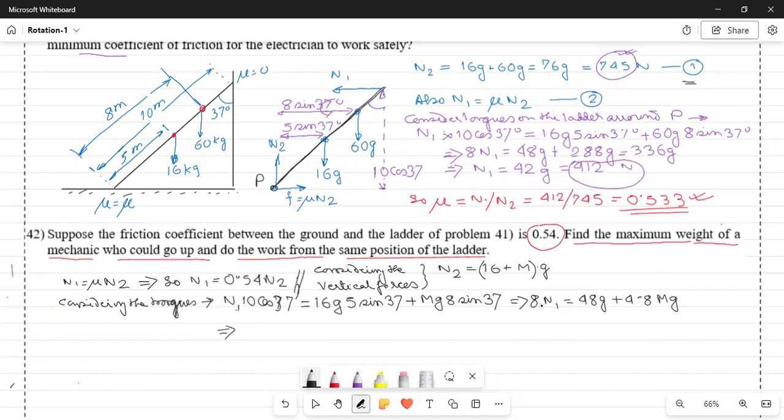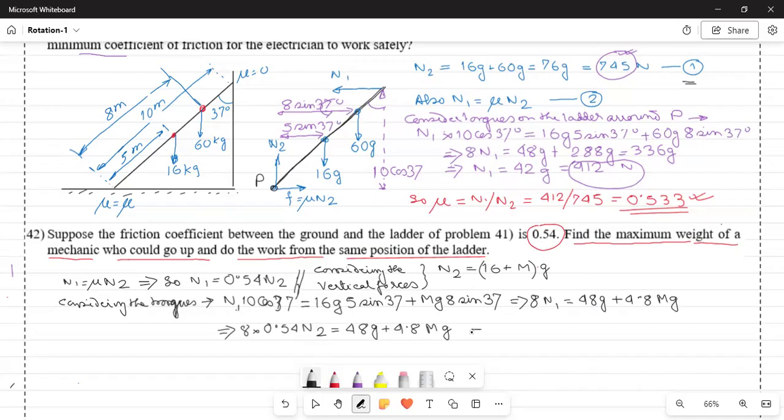Left hand side was 8N1 and the value of N1 was already known, 0.54 N2. So 8 into 0.54 N2 will be equal to 48G plus 4.8 capital MG.